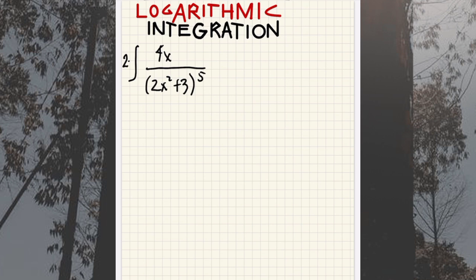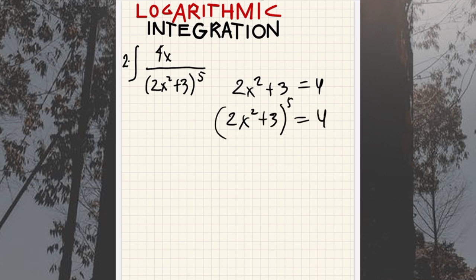So the integral will be, we let 2x squared plus 3 be equal to u. The power 5 means it will become u raised to 5.